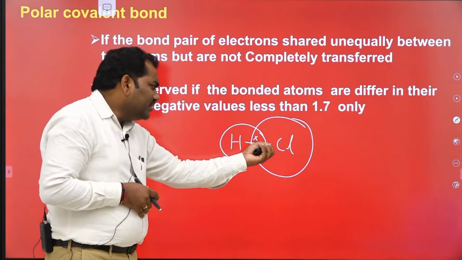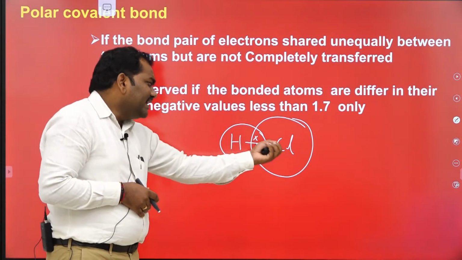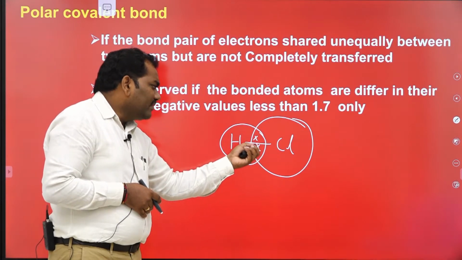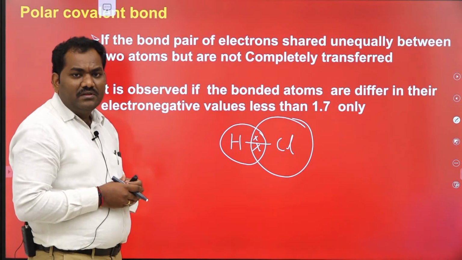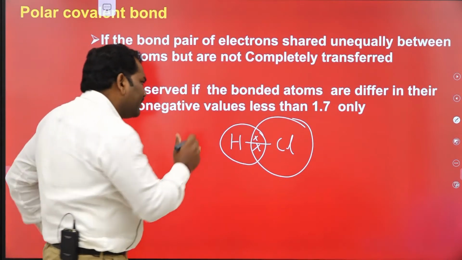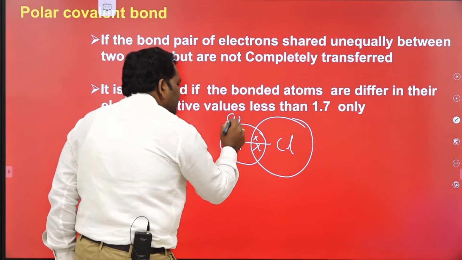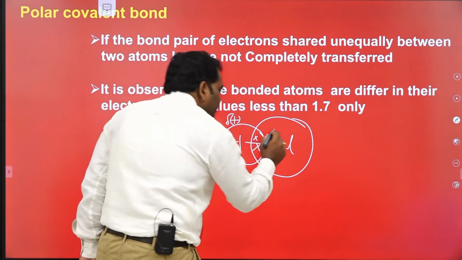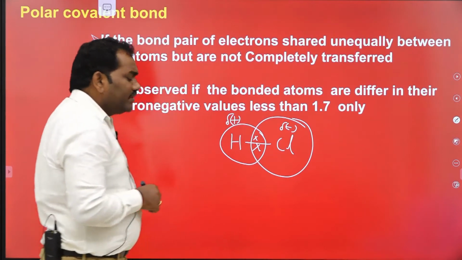Due to the higher electronegativity of chlorine than hydrogen, the chlorine atom attracts the bond pair of electrons towards itself. Due to this, a partial positive charge is developed on hydrogen, and similarly a partial negative charge is developed on chlorine.